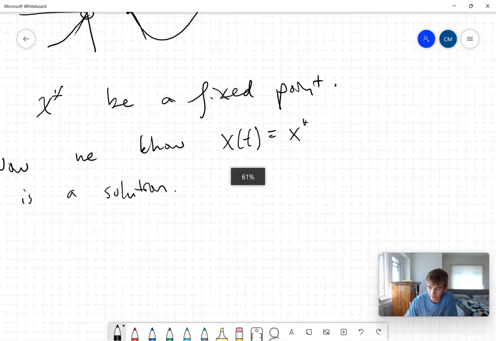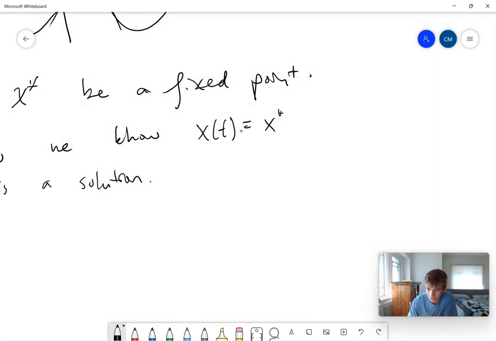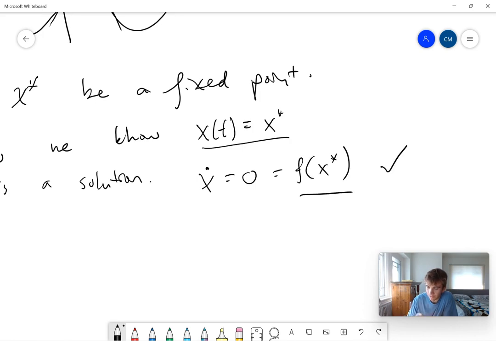If we want to verify this, we'll observe that if I take the derivative x dot of this function, it's just a constant, so x dot is 0, which is equal to f of x star, by definition of a fixed point. So we see that this equilibrium solution always solves the differential equation.